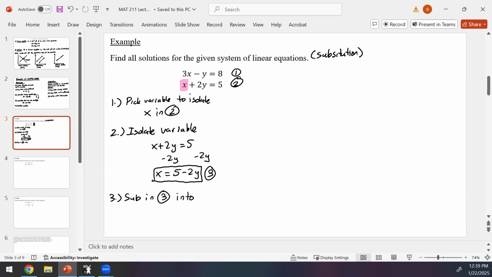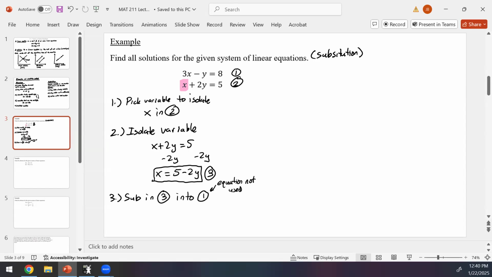You always have to plug it into the equation you didn't use to isolate. So I used equation 2, which means I'm going to use equation 1, okay? So equation not used, okay? Because if you plug an equation into itself, you will always get 0 equals 0, okay? You don't want that in this case.